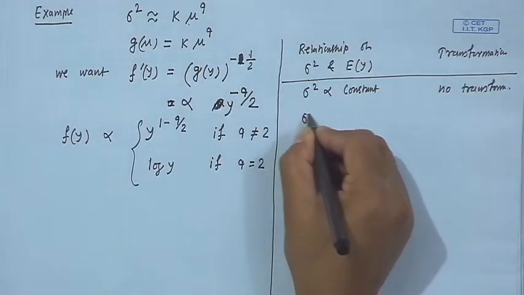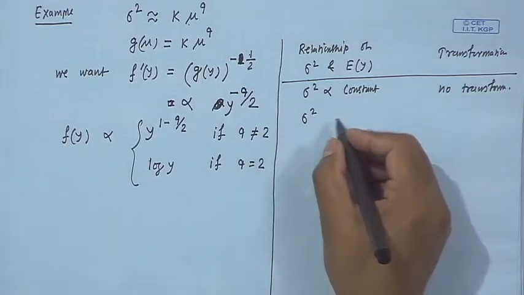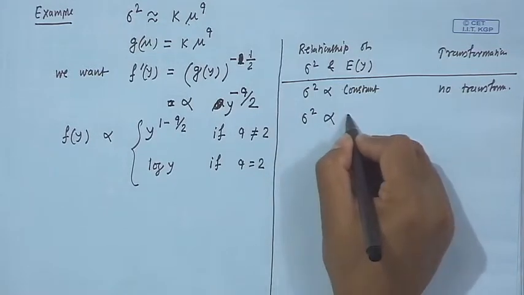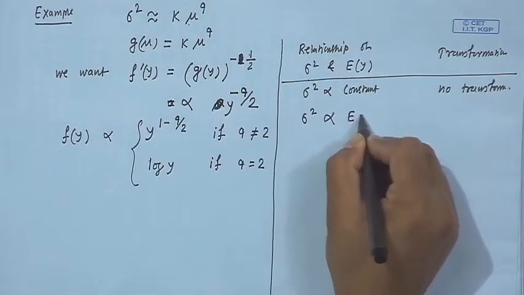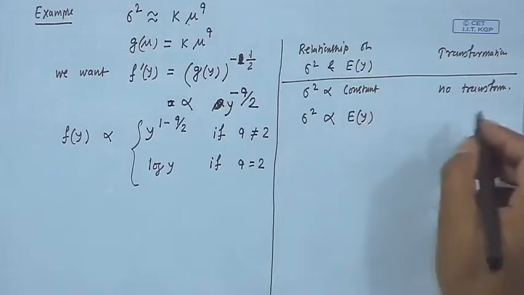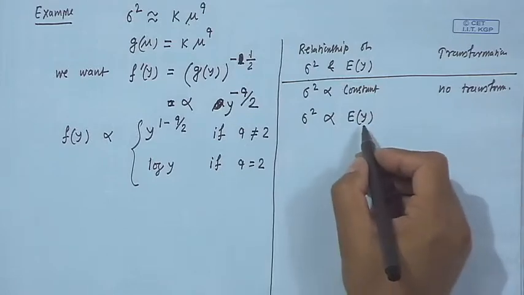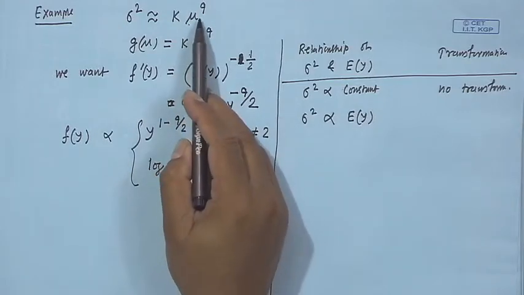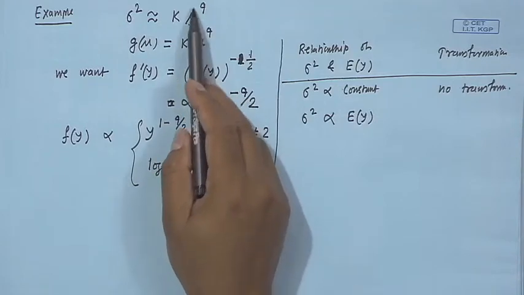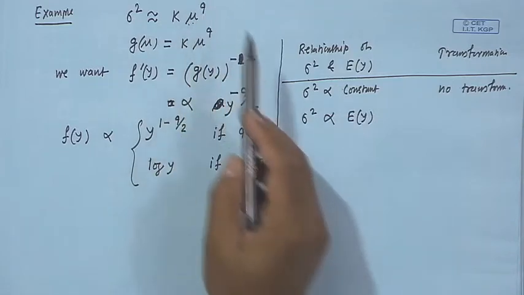Suppose sigma square is proportional to expectation of y, that is the case where y follows Poisson distribution, and here you can check that the variance is proportional to mu, that means q is equal to 1.